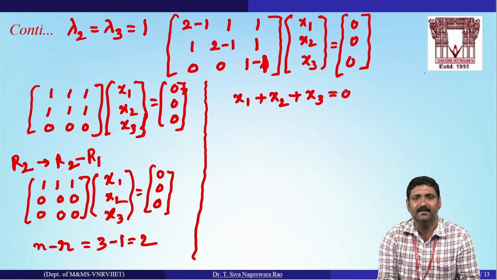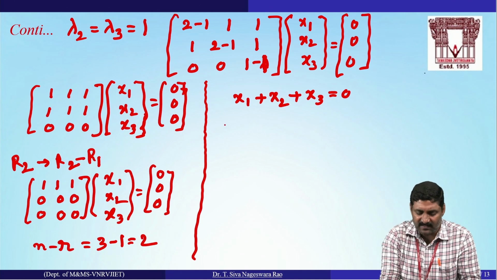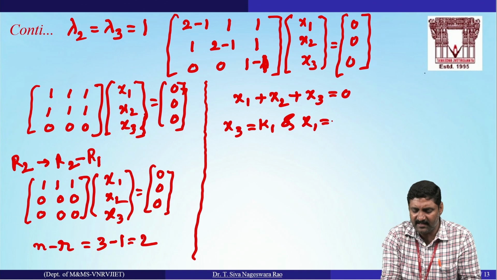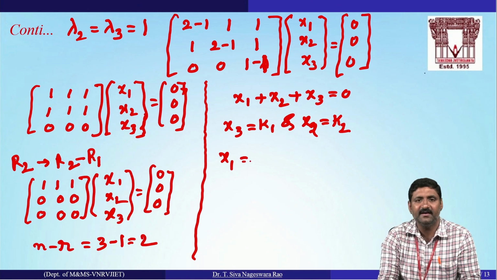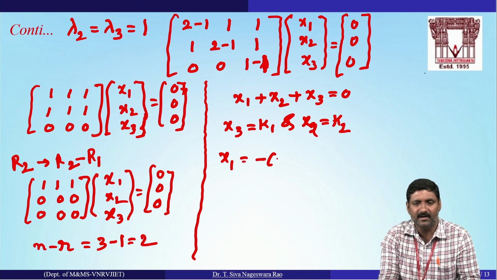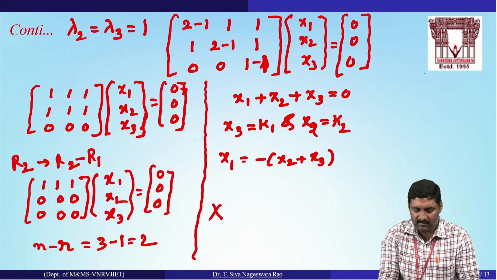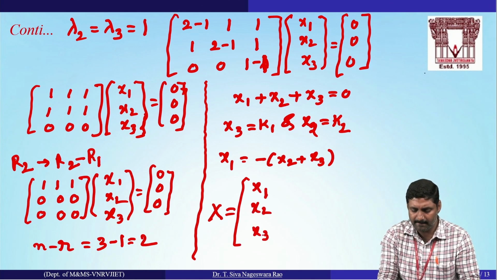I am going to assign x3 is equal to k1 and x2 is equal to k2. Then what is the x1 value? We can write x1 is equal to minus of x2 plus x3.